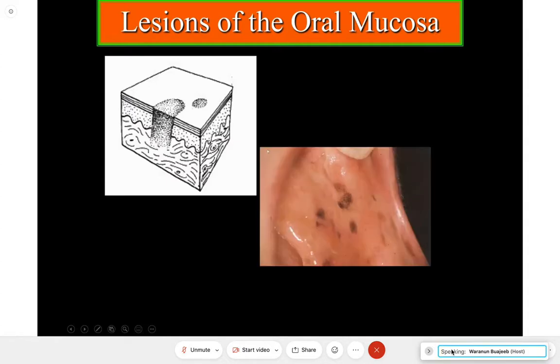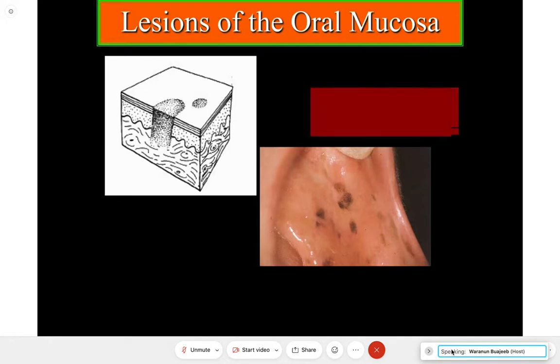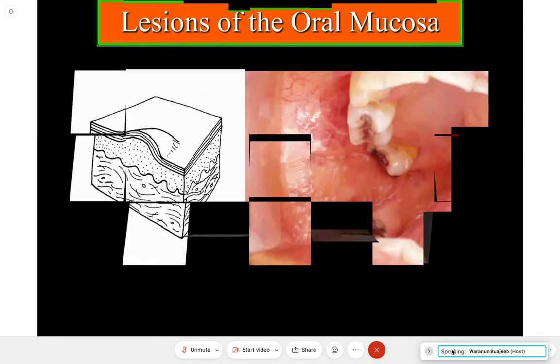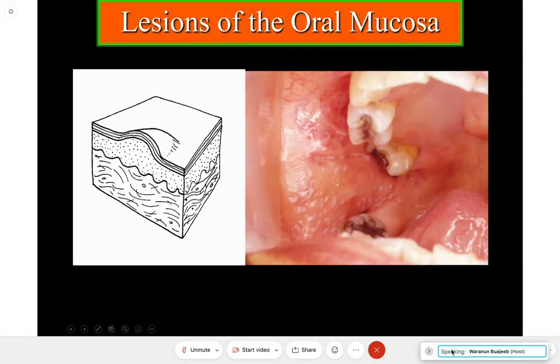So I will revise quickly on this type of lesions. We call it macule, because sometimes other types of lesions can also be seen accompanying ulcer, erosions, vesicle and bullae formation in some diseases that we are going to talk about. And then this type of lesion, you can see the raised lesion, quite small size.